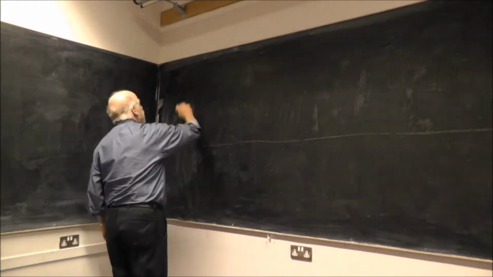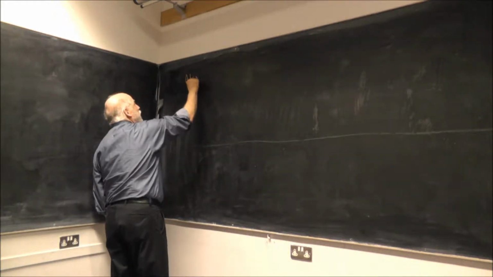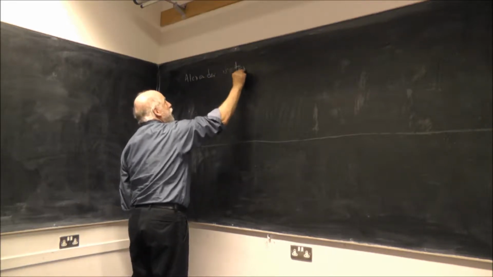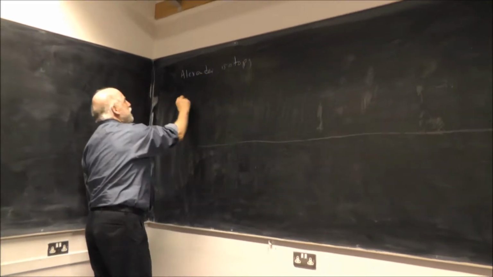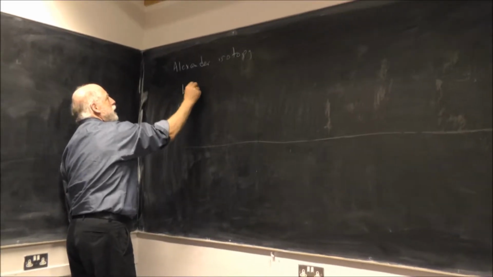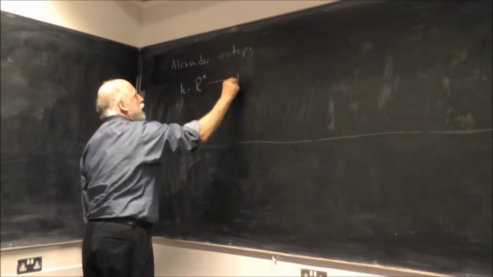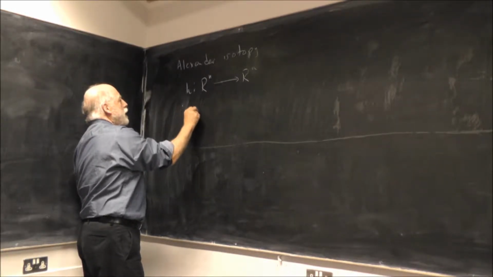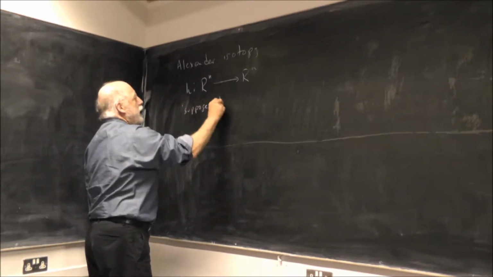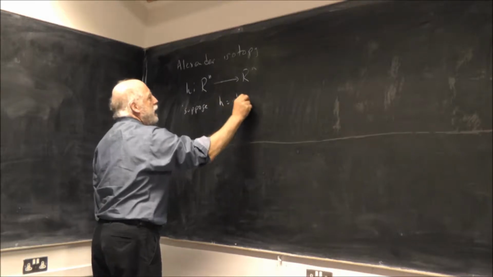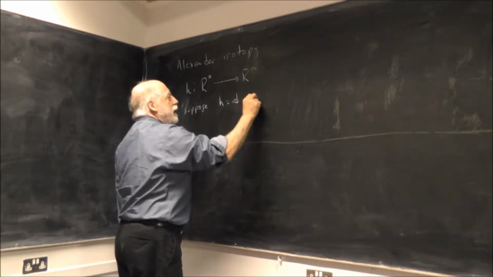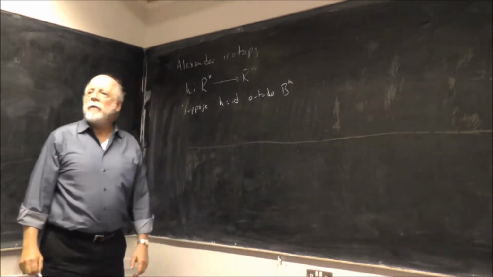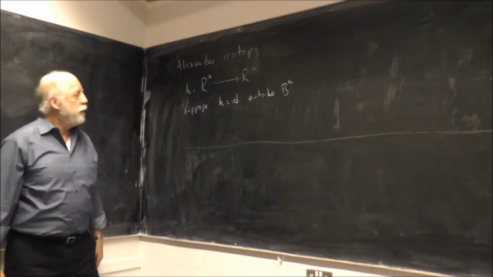So Alexander, probably in the 20s, what's called the Alexander isotopy, says that if you're given a homeomorphism h of Rn to Rn, and suppose that h is equal to the identity outside the n-ball of unit radius. So it's the identity outside.